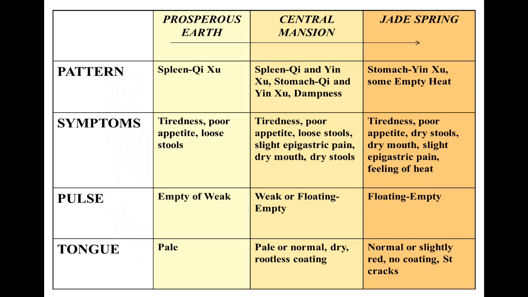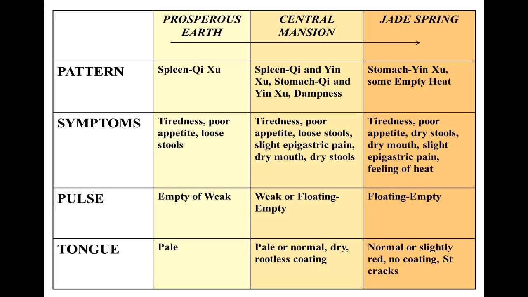And this table here illustrates more or less what I just said. There are three remedies here: Prosperous Earth, Central Mansion, and Jade Spring, and these three remedies represent a progression from Qi deficiency to Qi and Yin deficiency to full-blown Yin deficiency.